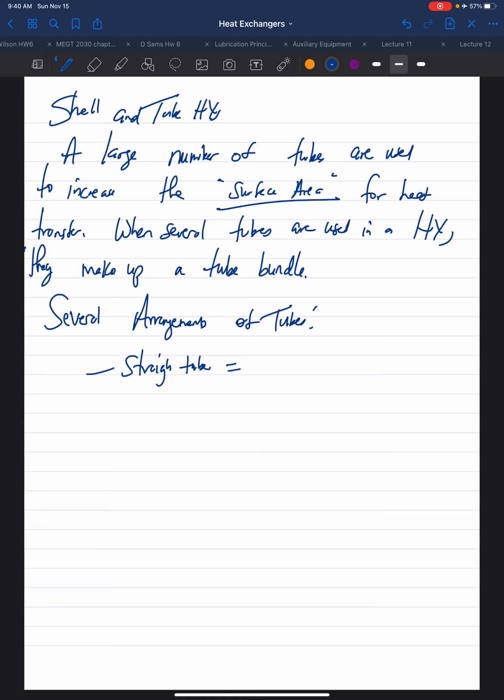Here, the tubes are arranged in a bundle and enclosed by the shell.